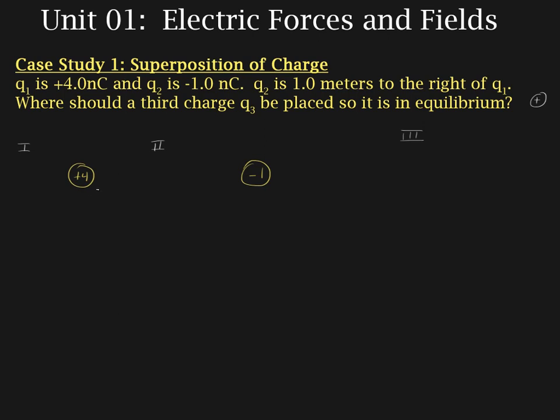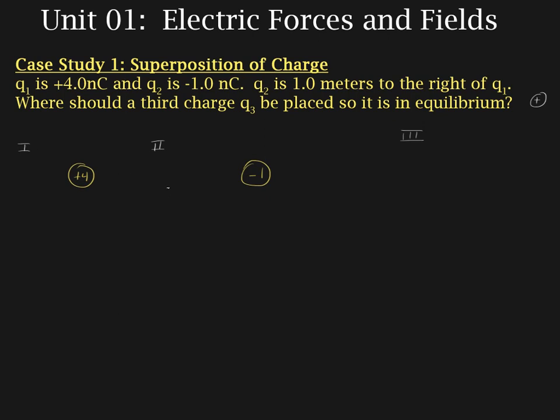And what that means is that this +4 will always be the dominating force. Nowhere to the left of that +4 charge is there going to be a place where the negative charge has an equal size force. So region 1 is out.